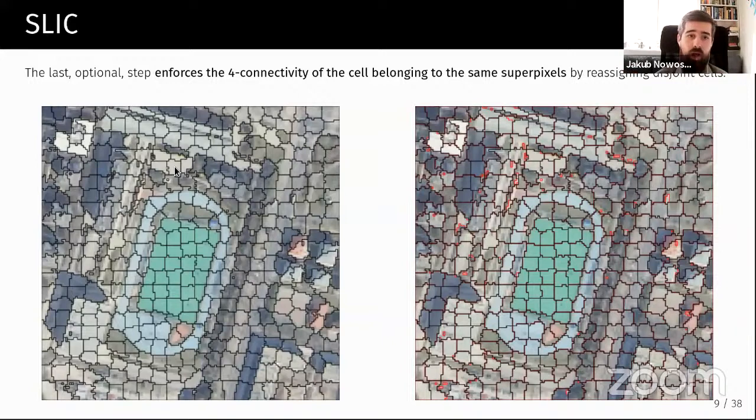That's why there is one optional step, called enforcing connectivity. In this step, we are basically removing or merging the smallest areas that you can see here in red, and we are merging them with the closest superpixels. In this way, we are sure that all of our superpixels are spatially connected, and they occupy just one space.